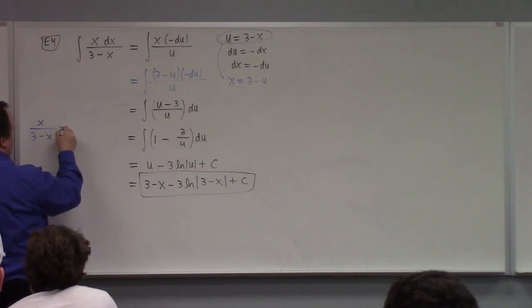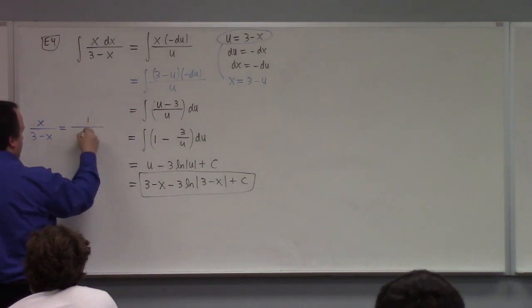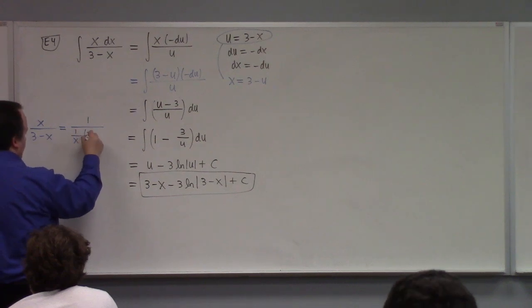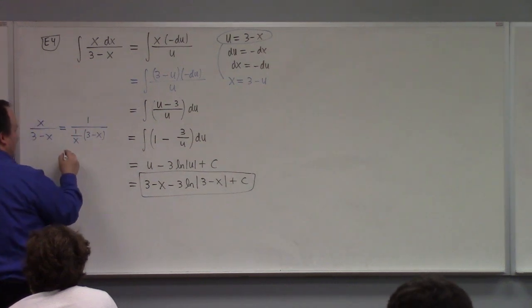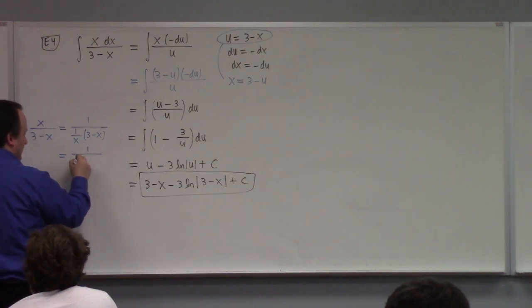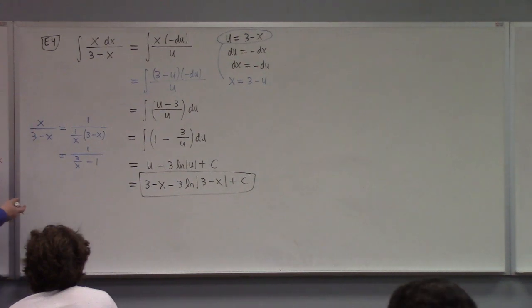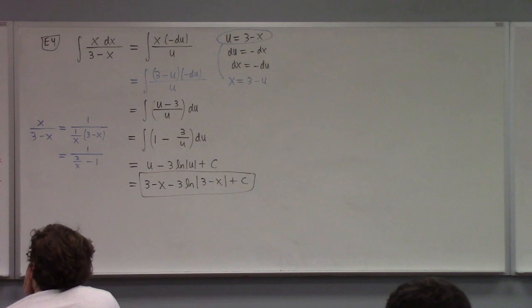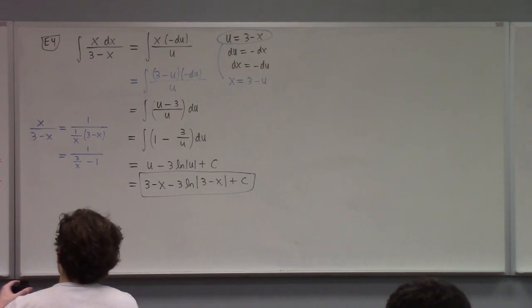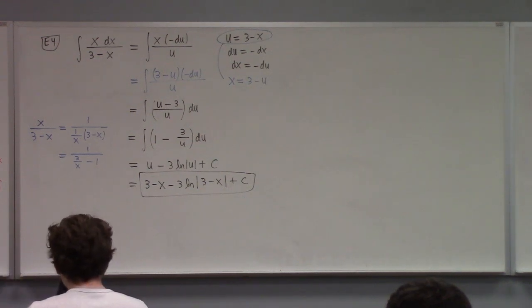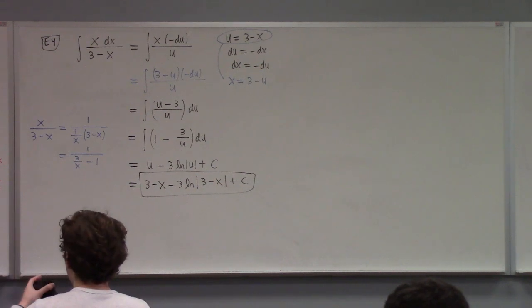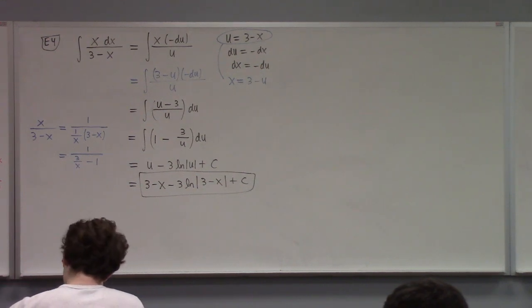If I bring x downstairs, that gives me 3 over x minus 1, which is different. I just don't know what to do with that from an integration perspective. You can't integrate fractions as a fraction of the integrals. We have no theorem that says the integral of a fraction is the fraction of the integrals. It doesn't work that way.